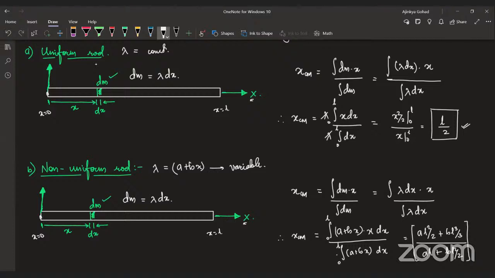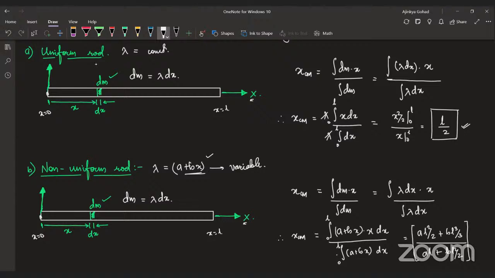So like that, this is one such example. This is not the only type of variation that we can have in linear mass distribution. We can have any type of variation which is possible. This is just one such example.